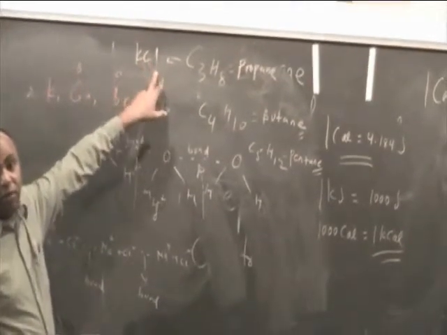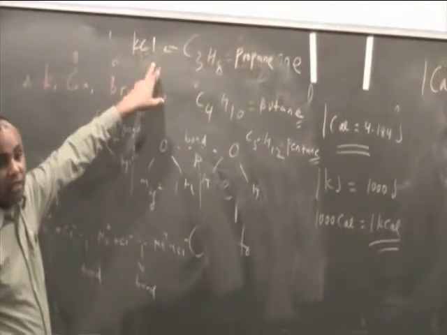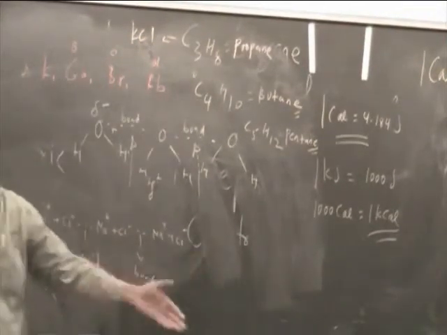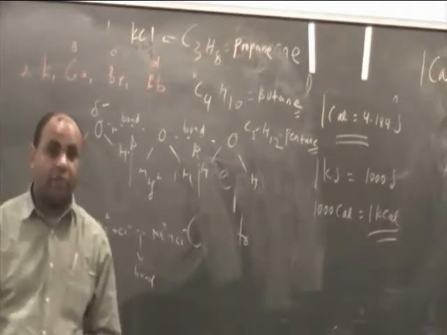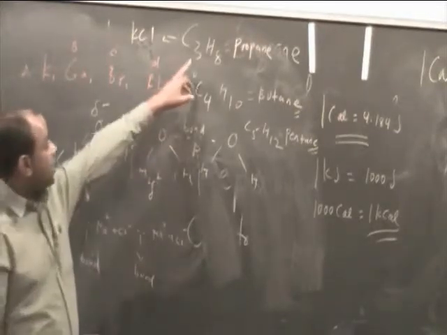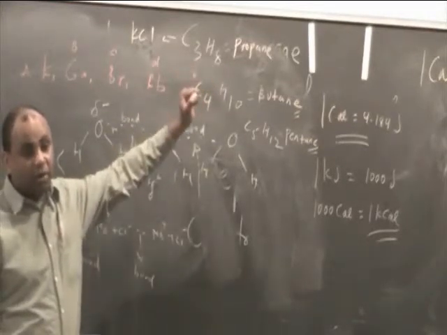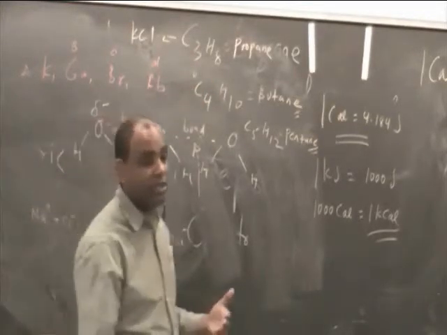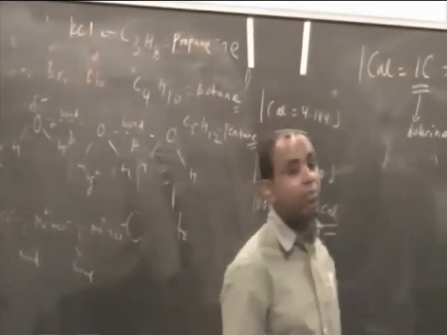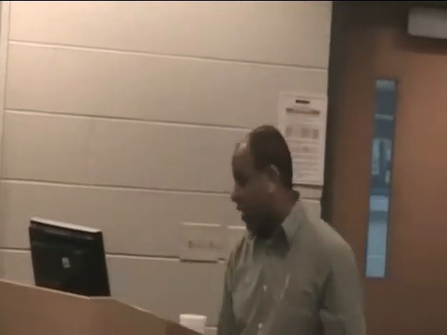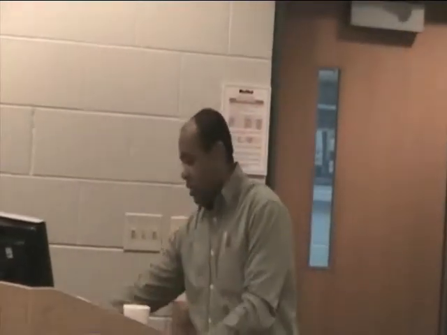The boiling point is higher, the melting point is higher, and it is not volatile. That's why you can leave sodium chloride in open air and nothing will happen. But C3H8 is more volatile because it is an organic compound. We call organic chemistry the chemistry of carbon and hydrogen.